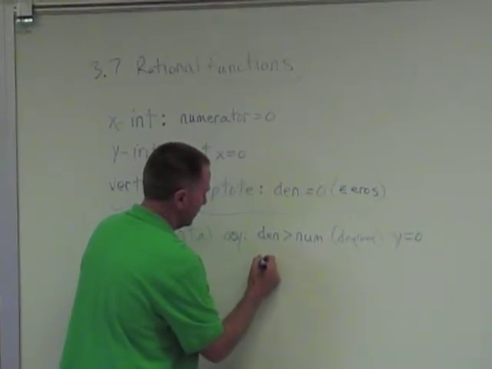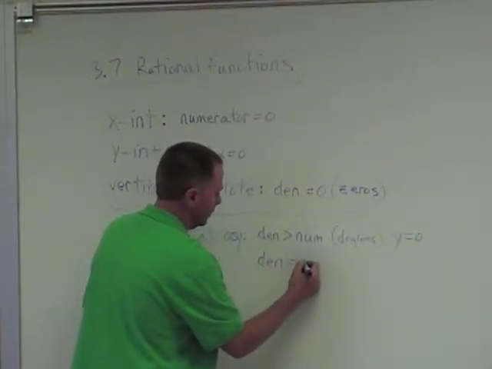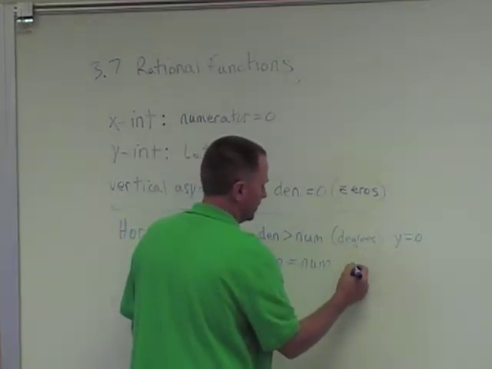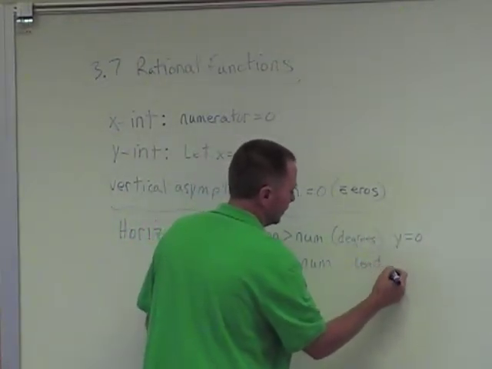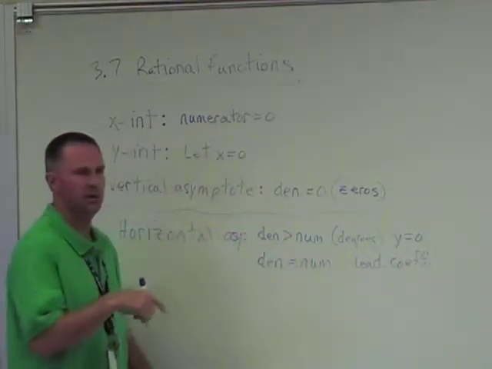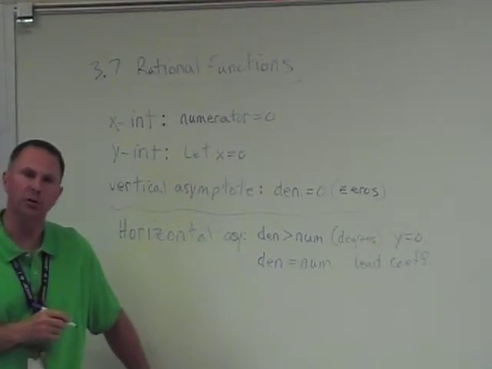If the denominator is equal to the numerator, if they're the same, then it's the leading coefficient: the top leading coefficient over the bottom leading coefficient.